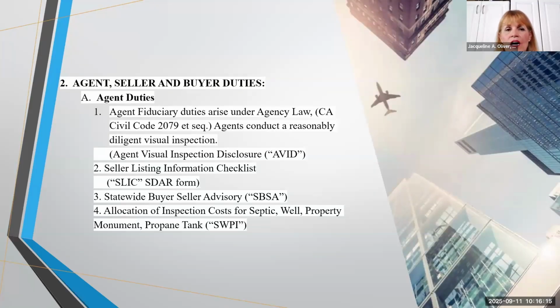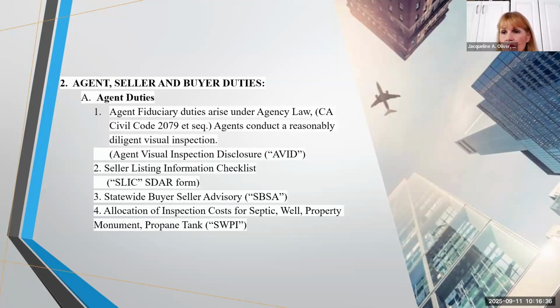Under the Civil Code, 2079, and all the little sections underneath it, there are fiduciary duties under the agency law that an agent must conduct a diligent visual inspection of the reasonably accessible areas.